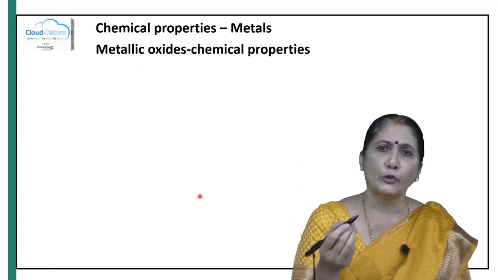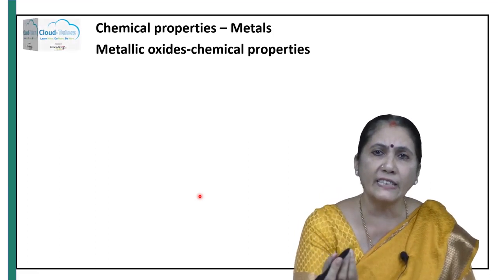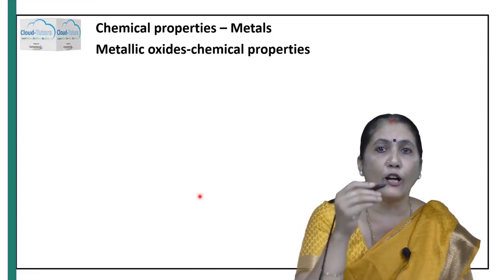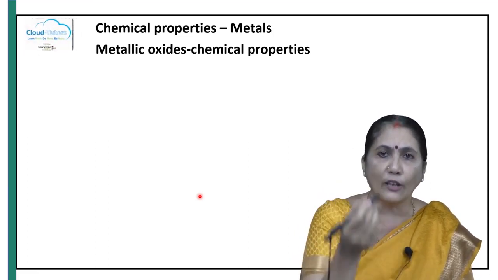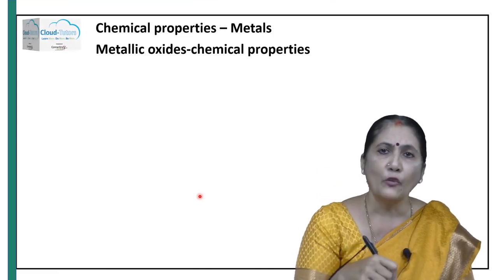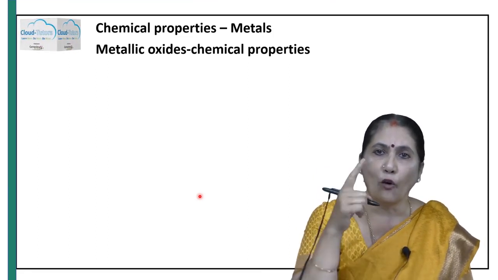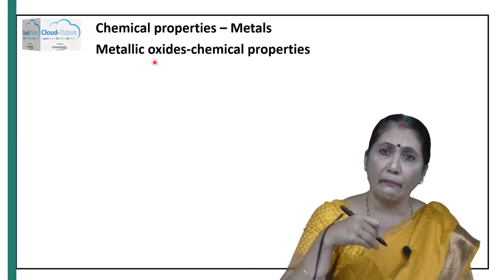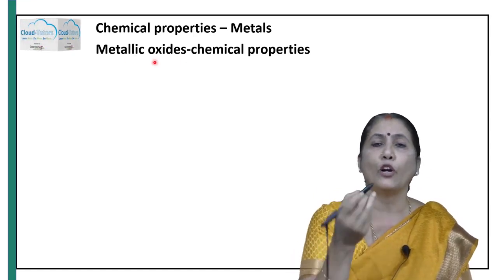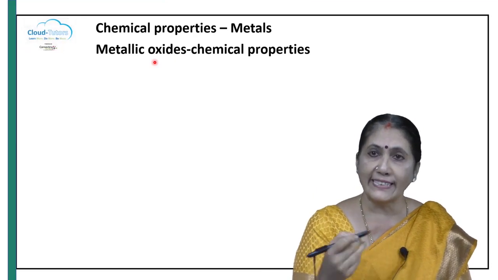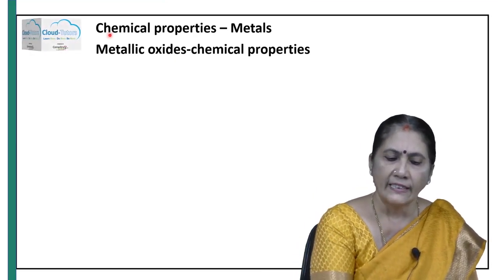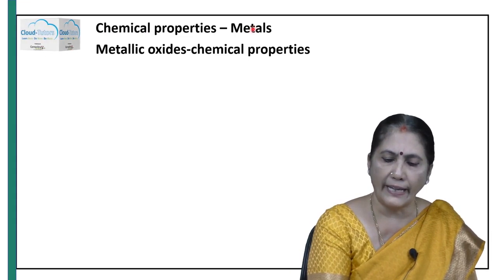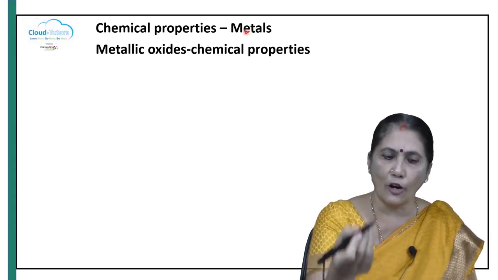Now, coming to metallic oxides, which are formed just because the metal is coming in contact with oxygen. Now we will see what happens when a metallic oxide is made to react with water. So let's see first the chemical property of a metal with respect to oxygen.